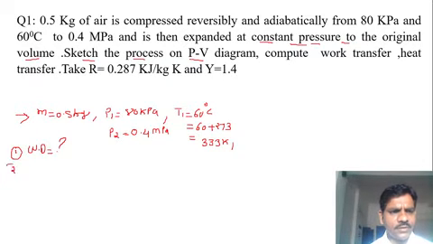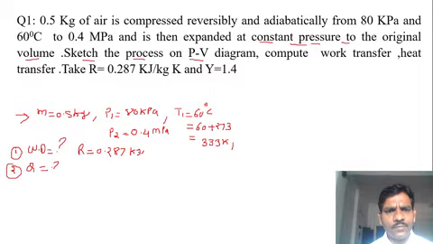Second, we calculate the heat transfer Q. And the value of R is given. What is R? R is given as 0.287 kilojoule per kg Kelvin. And what is the value of gamma? The gamma is 1.4.